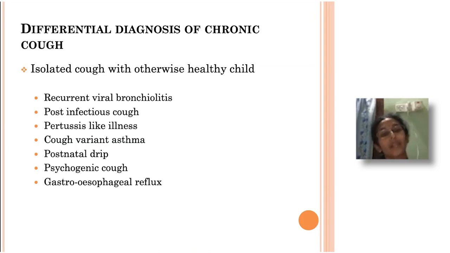The other causes are post-infectious cough or pertussis-like illness, postnasal drips, psychogenic cough, and gastroesophageal reflux. So most of the time, we may encounter kids with an isolated cough who are otherwise healthy. So we will see in detail about the isolated cough in otherwise healthy children.